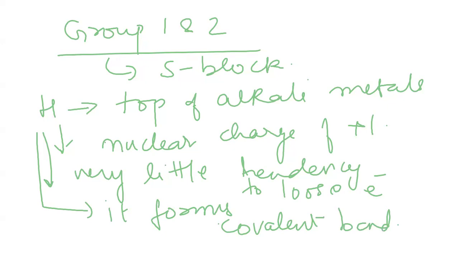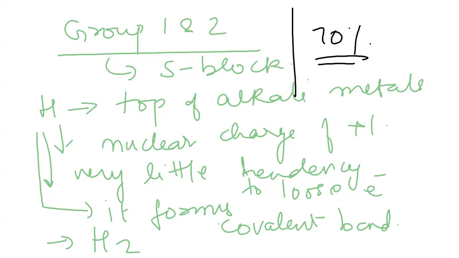Next, it always exists in diatomic form, H2, and we call it dihydrogen. Hydrogen is abundantly available: 70% of the universe is made up of hydrogen. And therefore we see that hydrogen's position in the periodic table is very anomalous.